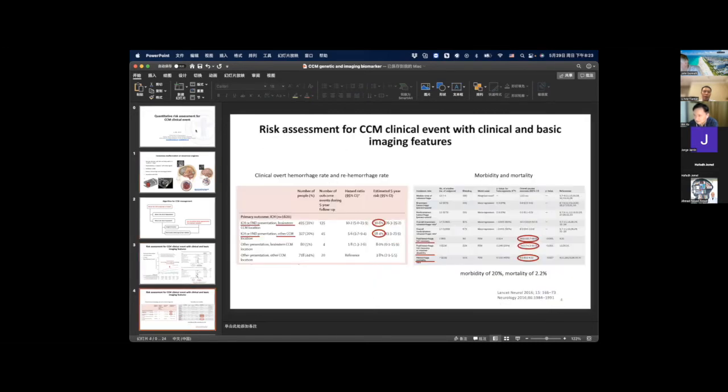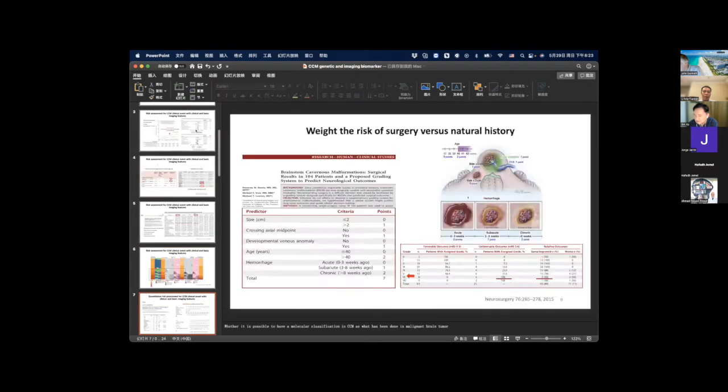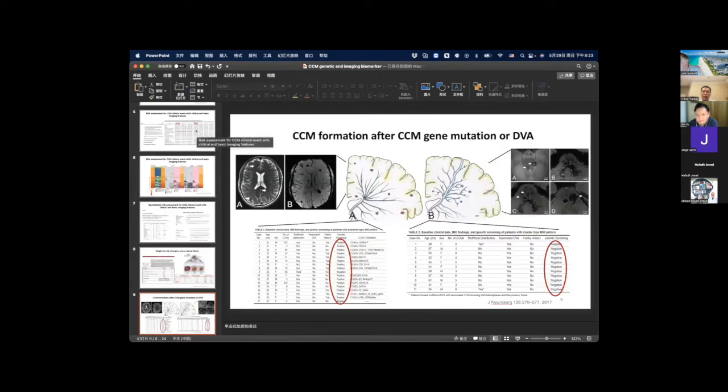Just like the slide I have shown with the MRI scan, if there are multiple cases, we can find the venous anomaly and the lesions are located right along this venous anomaly. Most of them are negative for the CCM gene.